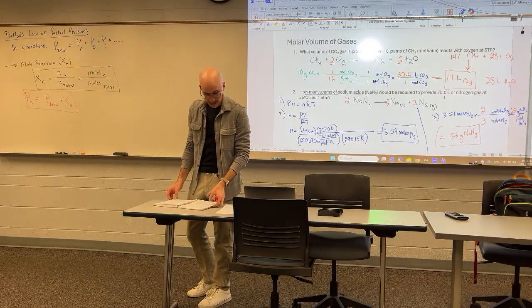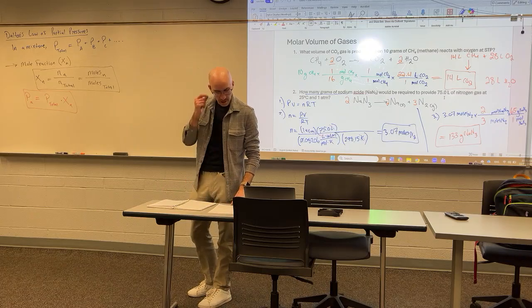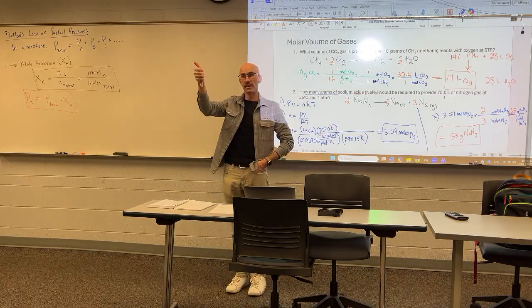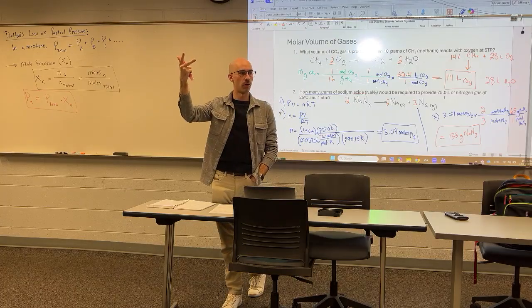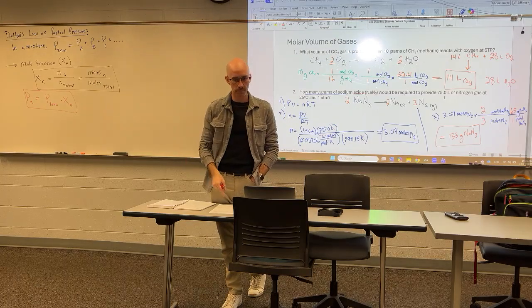So in order to do any of this, we have to be able to find the total pressure, find the total number of moles, and find the moles of that individual component.